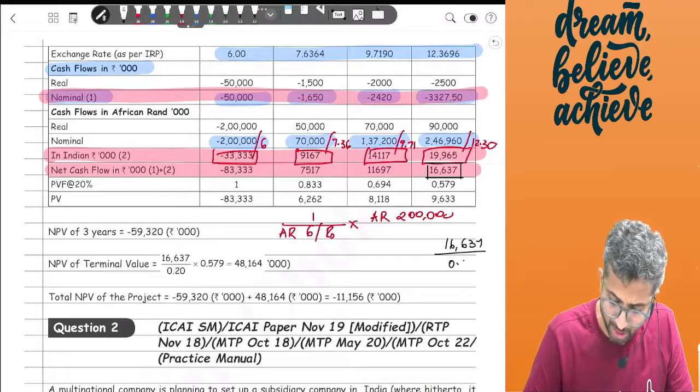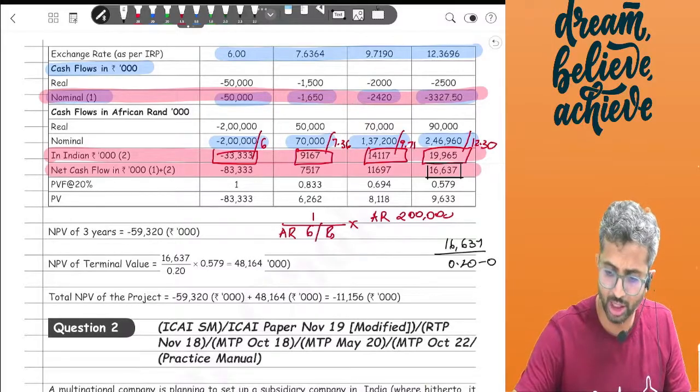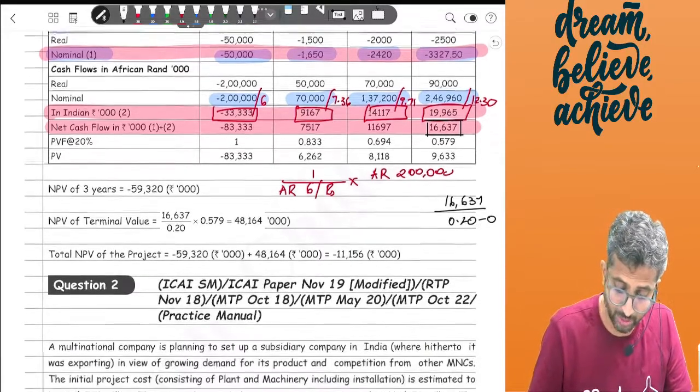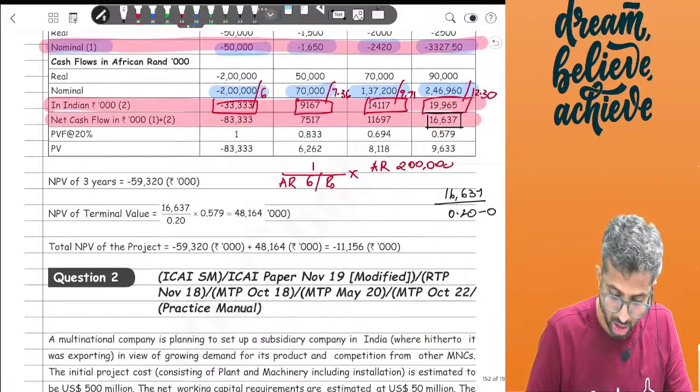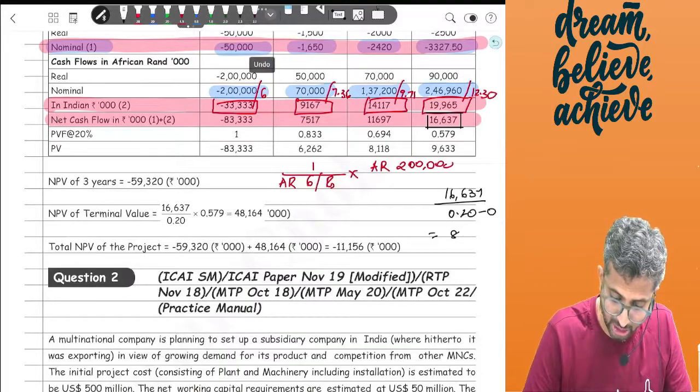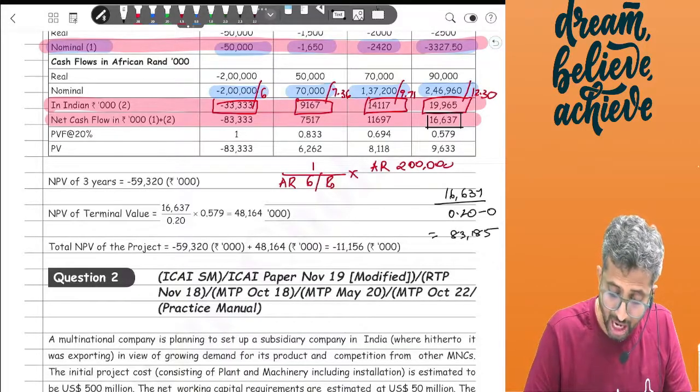16,637 divided by 0.20 minus G. So this is 16,637 divided by 0.2, and hence 83,185. But remember, this 83,185 is after 3 years.